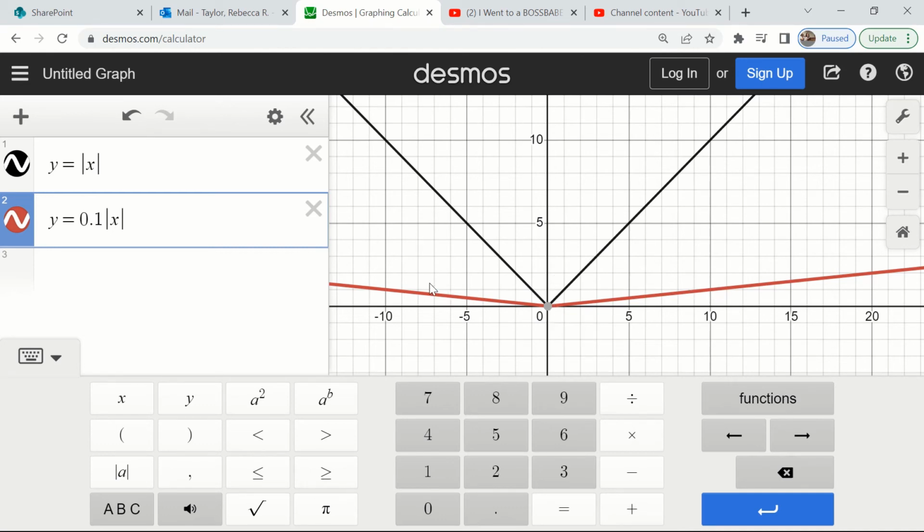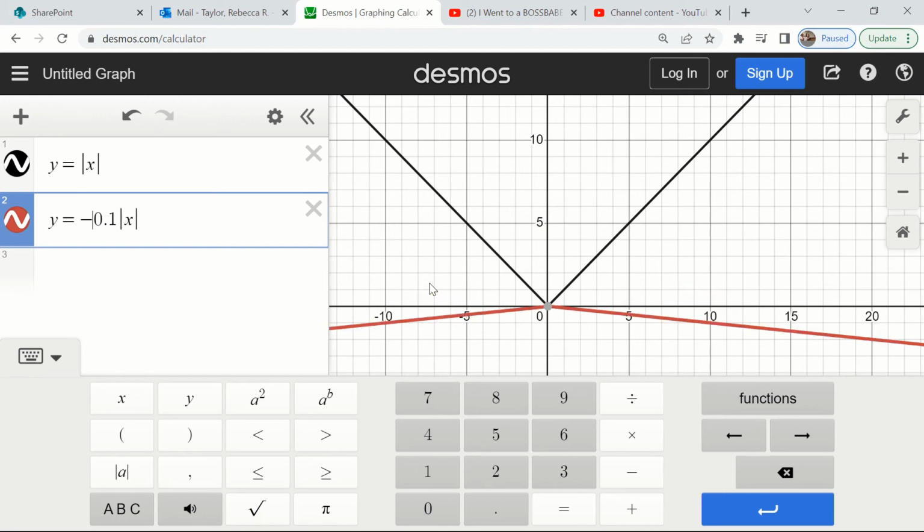Now they also want to make sure that we consider what happens if we pick a negative number to multiply by. I'll keep the 1/10 there, and all I'm going to do is put the negative in front. And what that did was reflect it over the x-axis. So the negative actually does not change whether it's stretched or compressed.